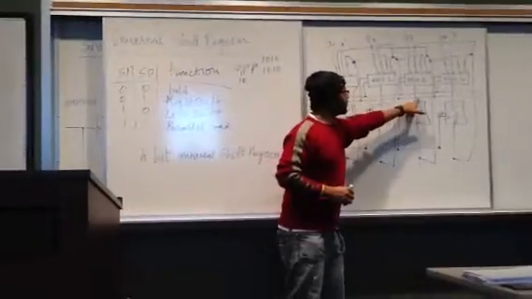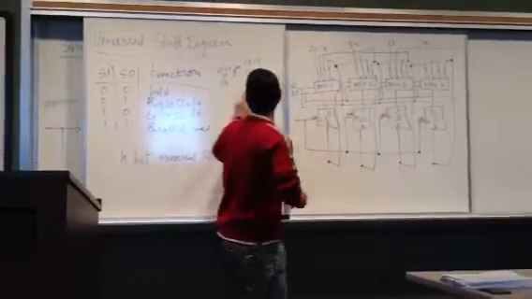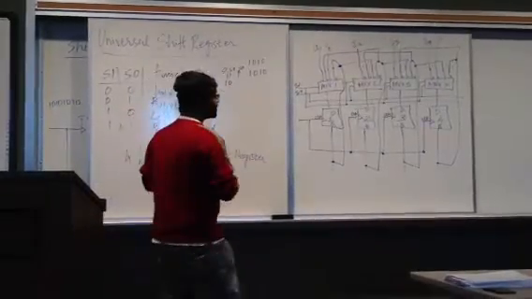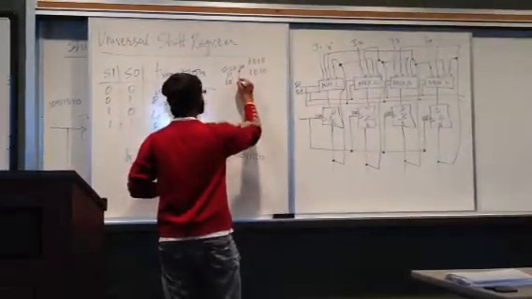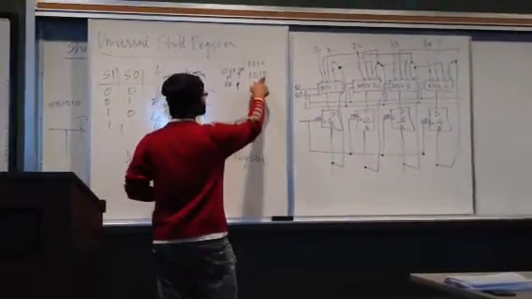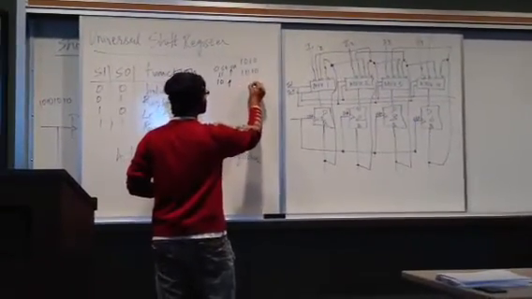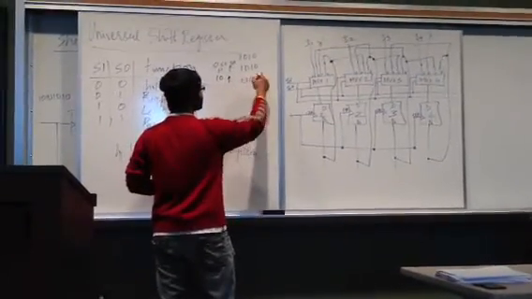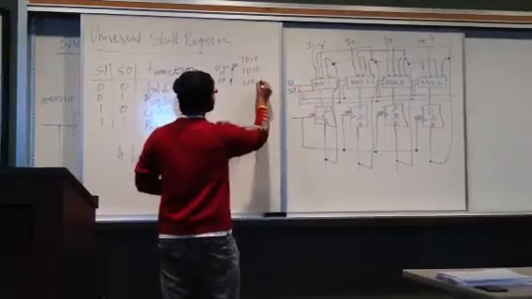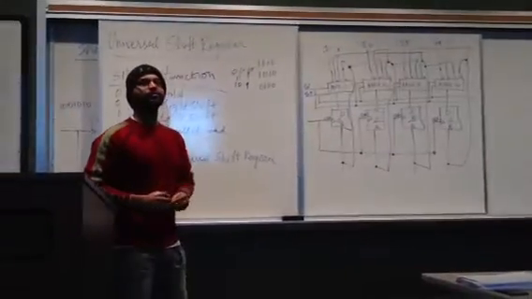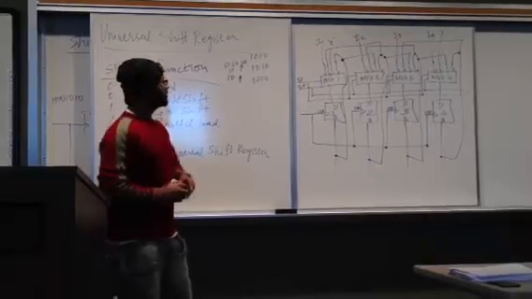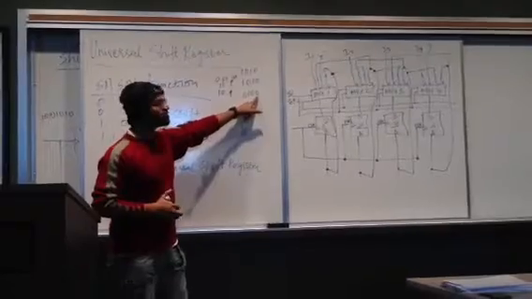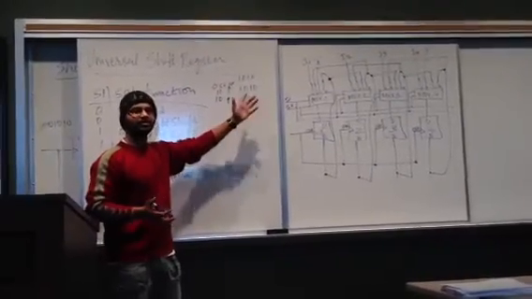Q4 becomes the input of this D flip-flop because I've provided the select line to be equal to 1, 0. That means at the next rising edge of the clock, this bit is going to appear over here. This bit is going to appear over here. This bit appears over here. And an external 0 appears over here. Do you see how all the bits have moved to the left and an extra 0 has been added to the end? That's basically your left shift.